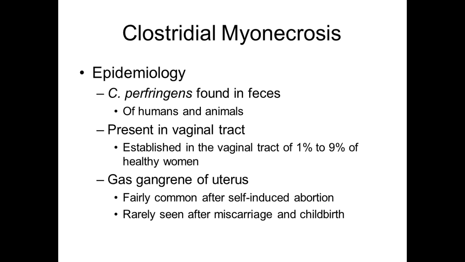Usually it only causes problems, right? Again, when we have serious injury. So self-induced abortions can sometimes cause an infection of the uterus from the bacteria migrating from the vagina. Miscarriages and after childbirth, it's very rare, right? Because hopefully there isn't significant trauma or damage to the uterus. But if there is, there's a potential for that infection to form there.